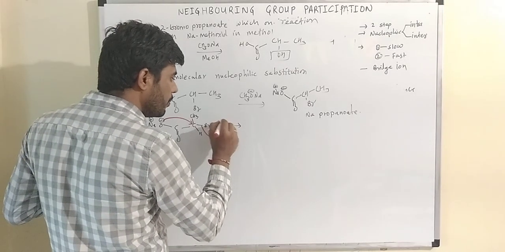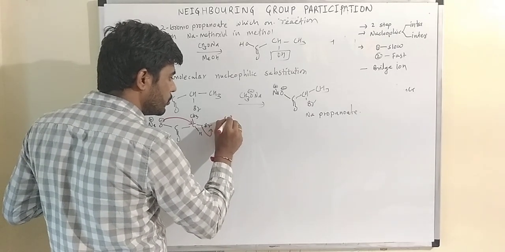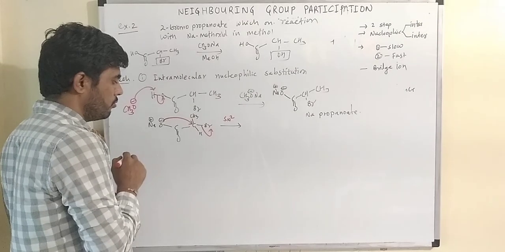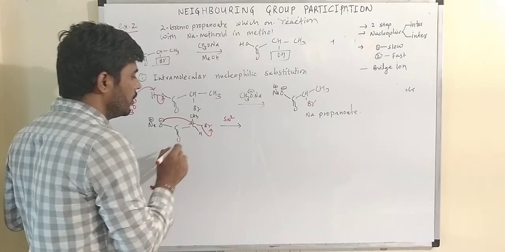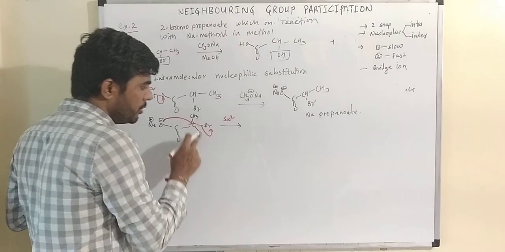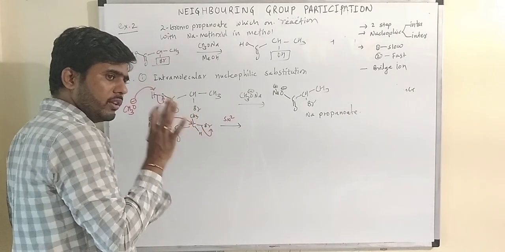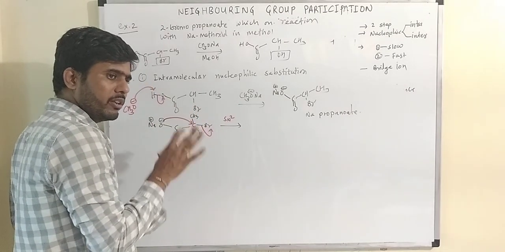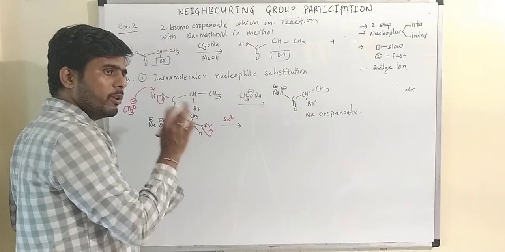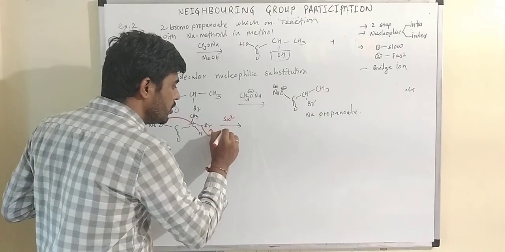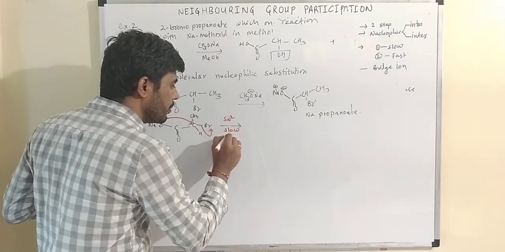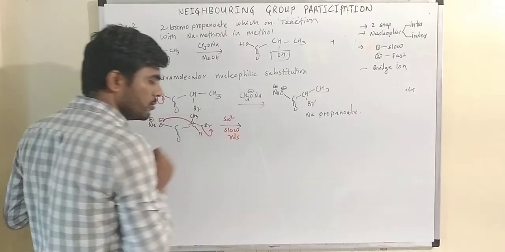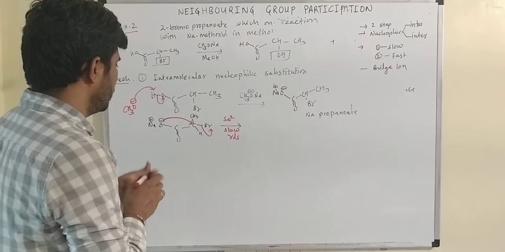So the first step is SN2, the first inversion we can say. In this step the leaving group departs, and one thing to always remember is that the departure of the leaving group determines the slow step, and the slow step determines the rate of reaction. So this is the RDS for this reaction.